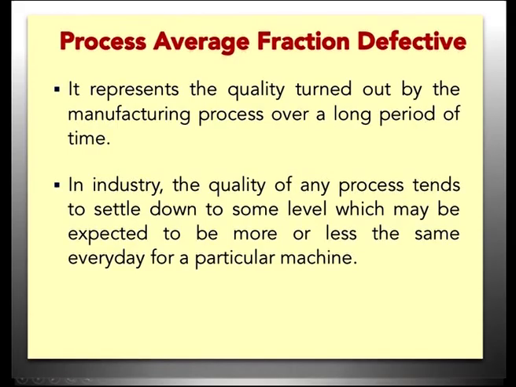The next terminology is process average fraction defective, denoted by P bar. This P bar represents the quality turned out by the manufacturing process over a long period of time. For example, in industry, the quality of any process tends to settle down to some level which may be expected to be more or less the same day to day for a particular machine.